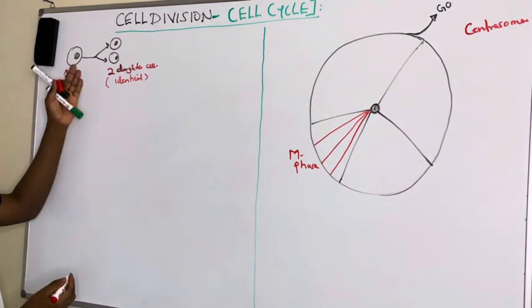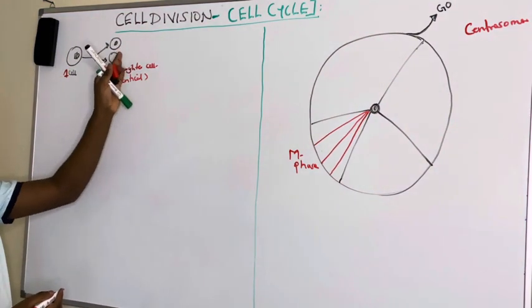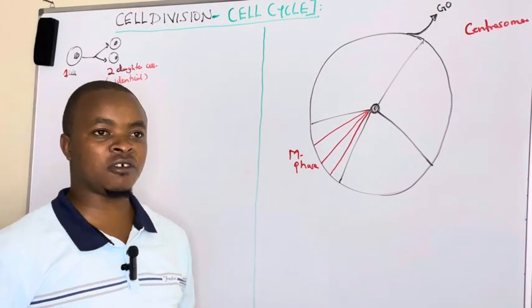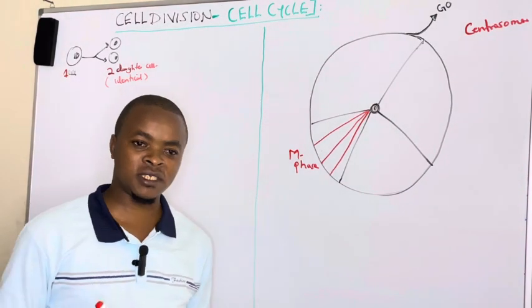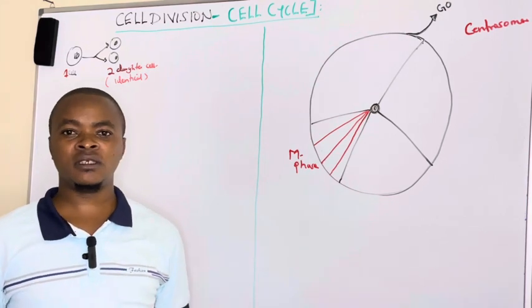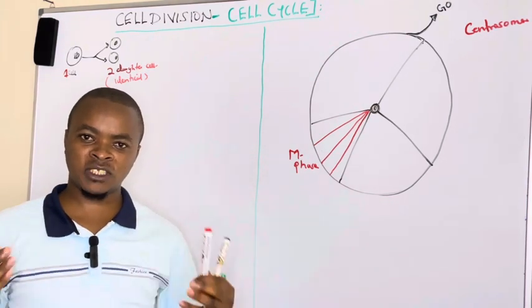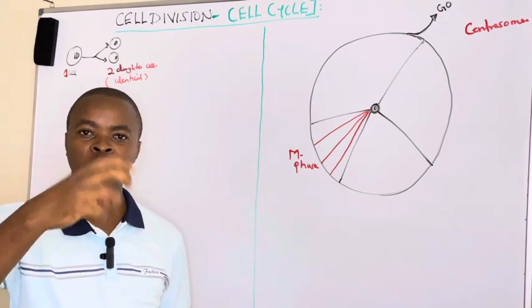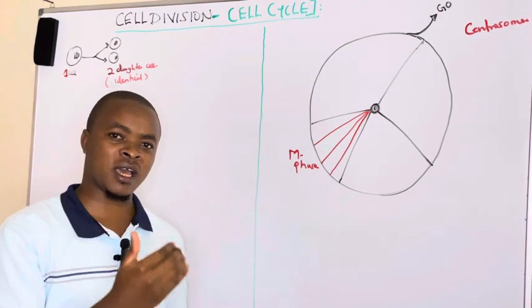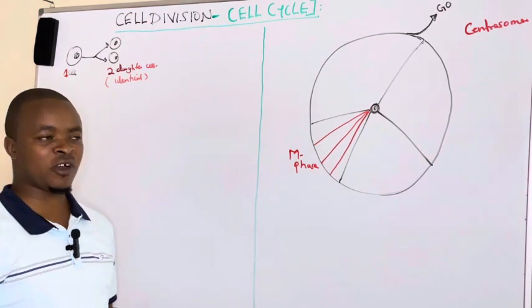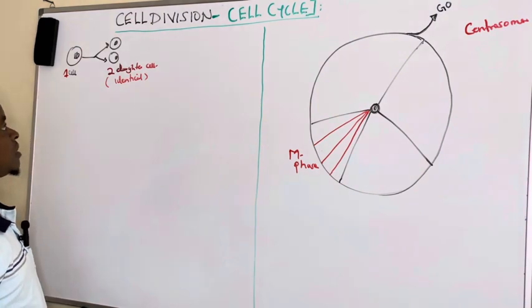If this is the parent cell, we are seeing two daughter cells being produced. We are going to see different types of cell division. Cell division is multiplication or reproduction of cells, whereby cells multiply themselves to produce other cells which are either identical, or, under reproductive, have half the number of chromosomes as the parent.